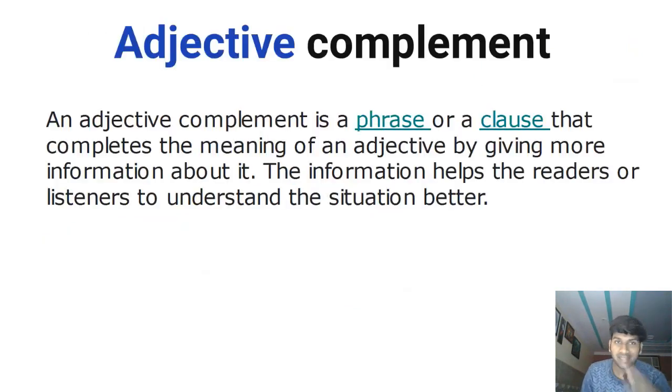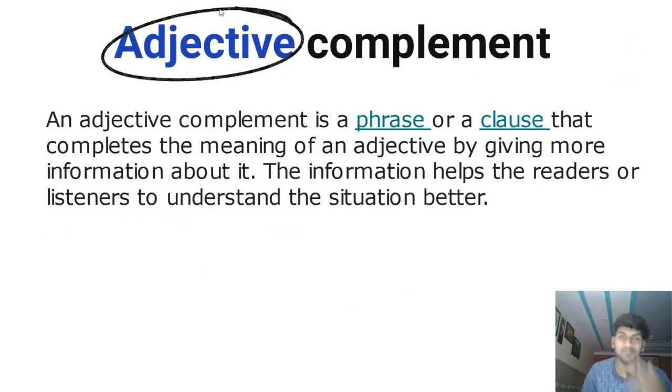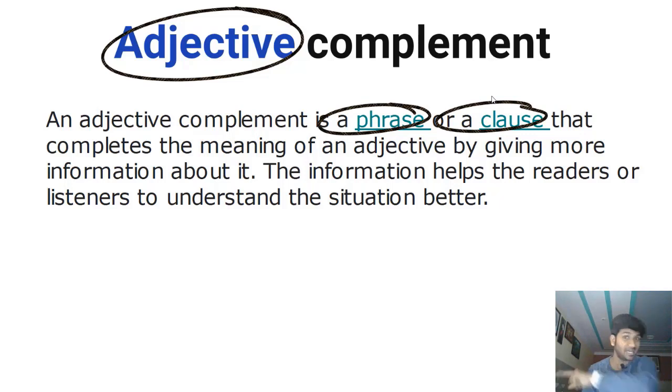Now, the next complement, adjective complement. So it's a complement that completes the meaning of an adjective. Yes, my friend. An adjective complement is a phrase or a clause. It cannot be a word. There's a reason I haven't mentioned that it's a word. So it's always a phrase or a clause that completes the meaning of an adjective by giving more information about it.